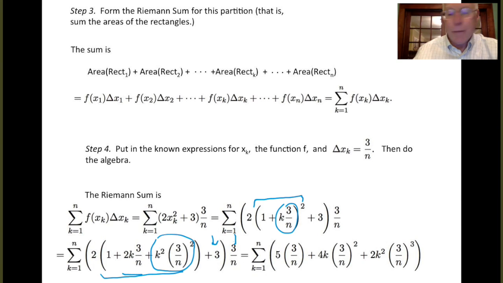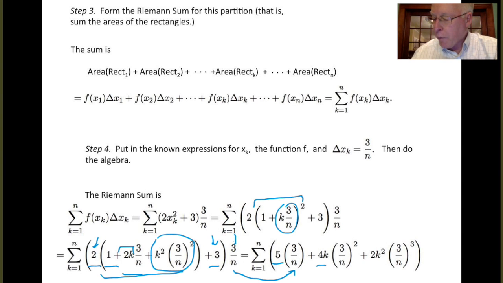Now a little more algebra. I have a 2 times 1 plus 3 is 5, so I collect those to a 5, and I'm going to bring that 3 over n inside and multiply it now by each of the terms that we're adding together there. Next, we have a 2 times 2k. That gives us 4k.